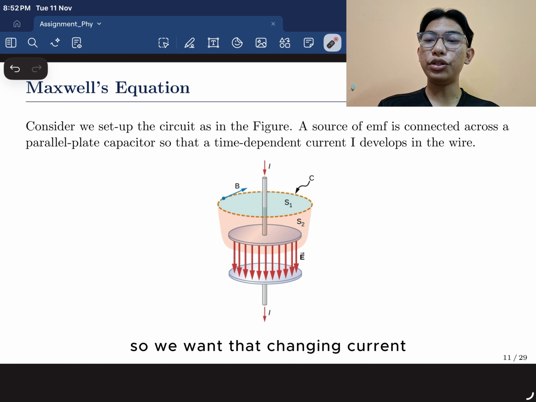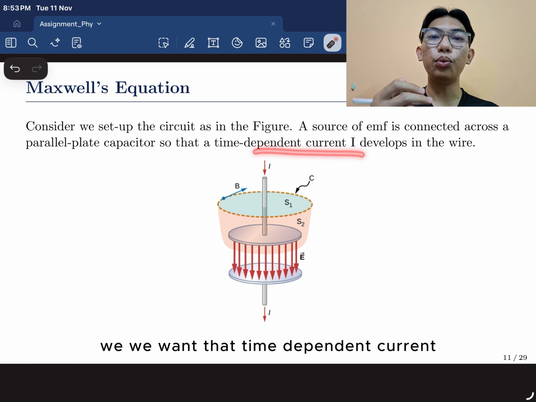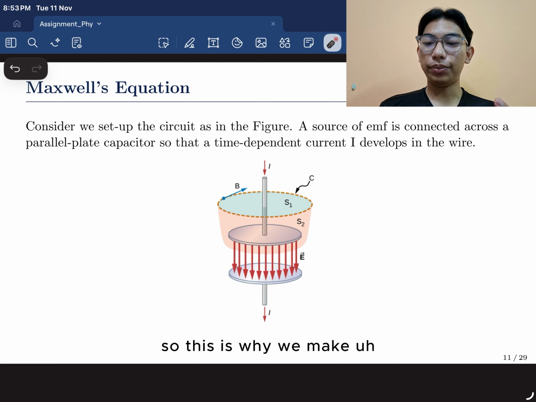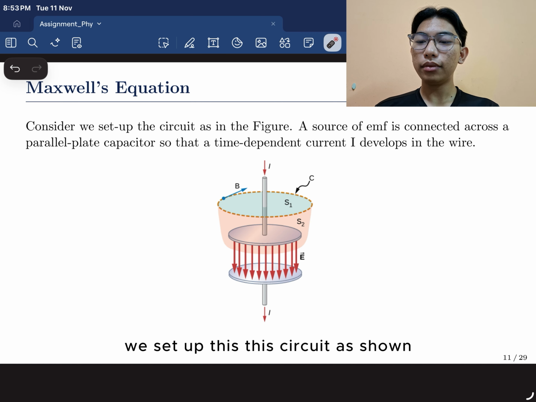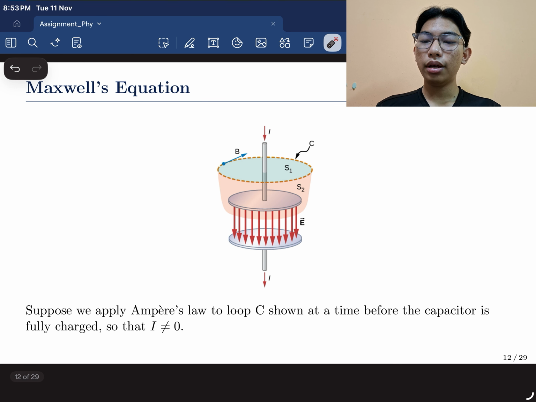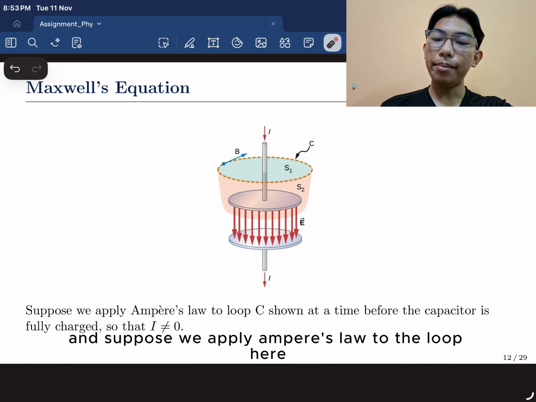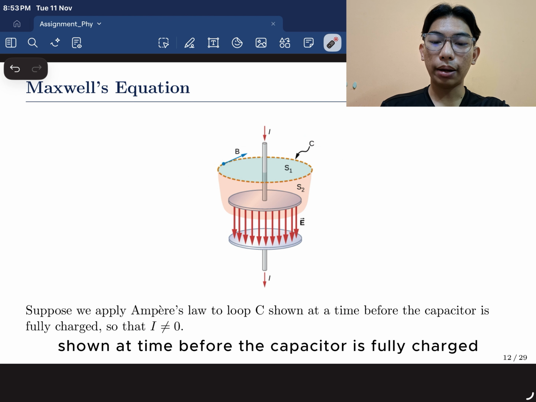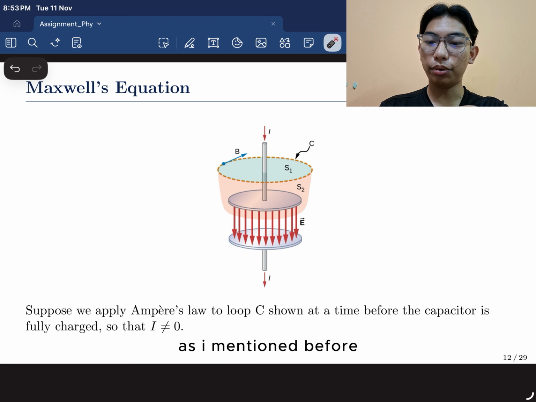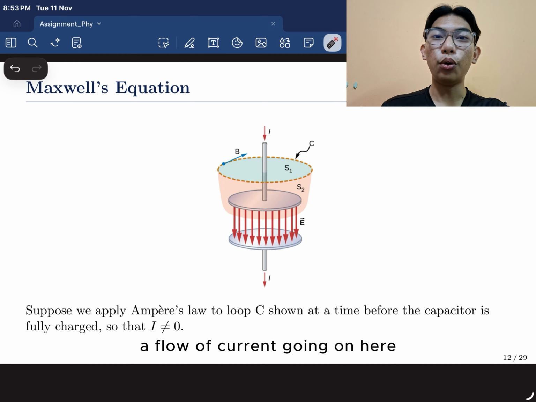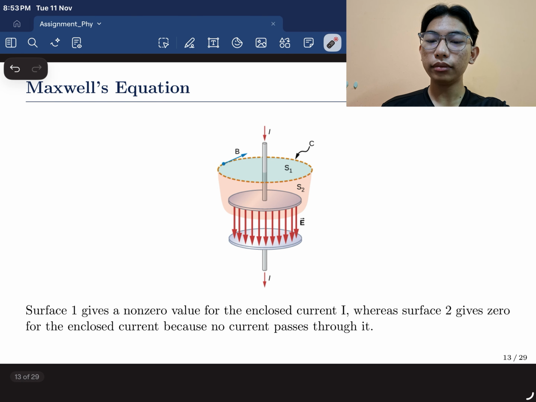So we want that changing, time-dependent current. This is why we set up this circuit as shown. And suppose we apply Ampere's law to the loop shown here at a time before the capacitor is fully charged, as I mentioned before. So there is a changing current, or a flow of current, going on here.